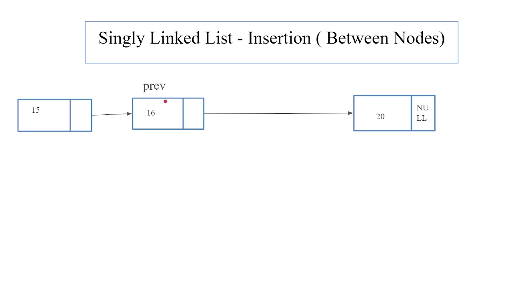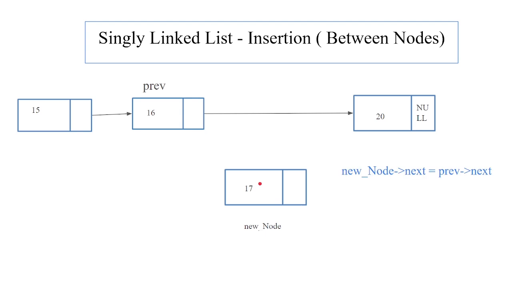Then we will modify this linked list with the new node. Let us consider our newly created node is the new node with the value of 17. The address of the next node is available in previous next, so we change the new node's next field to previous next.